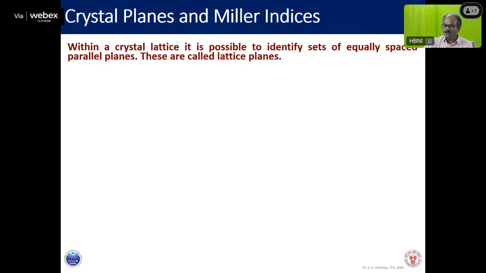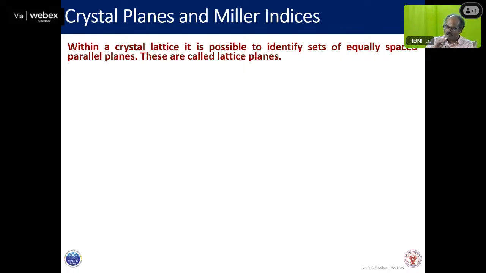Now, when you take any three points in such space, you will make a plane. So how many planes are possible? Actually, infinite planes are possible. All these planes inside the crystal structure are called lattice planes.